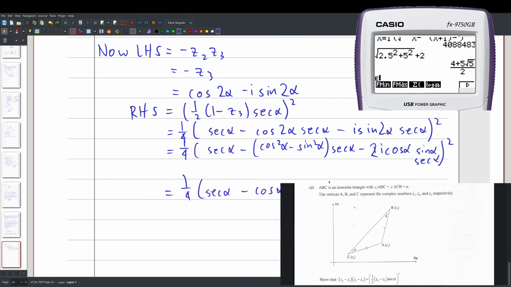Yeah, no, this is better the other way, I reckon. Minus 2I sine alpha squared.